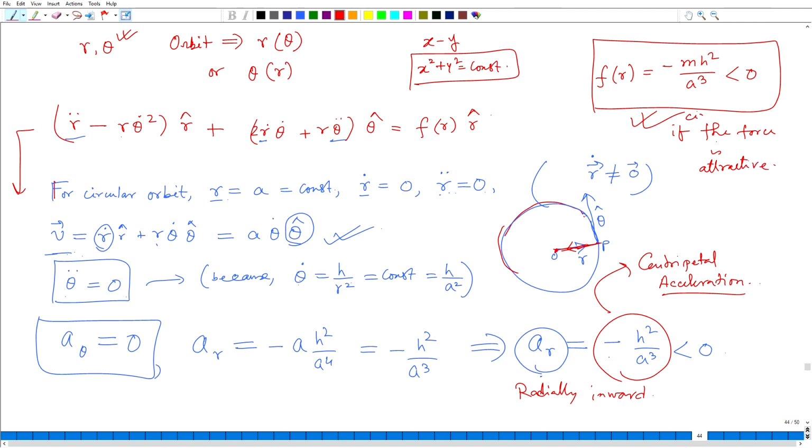So, circular orbit is possible if the force is attractive in nature.